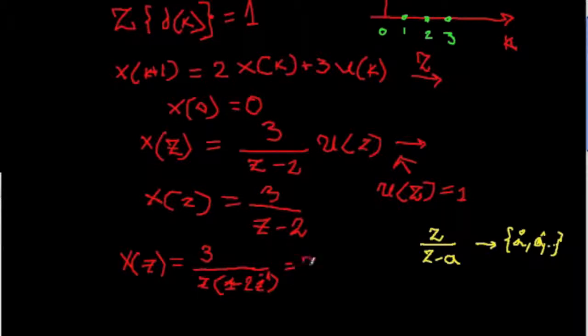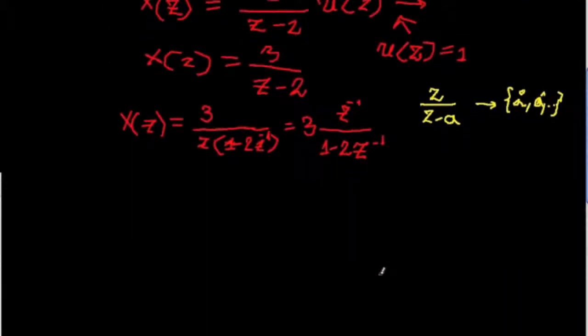So now we realize that this expression is nothing but 3 multiplied by z minus 1, and here we have something as 1 divided by 1 minus 2 z minus 1.